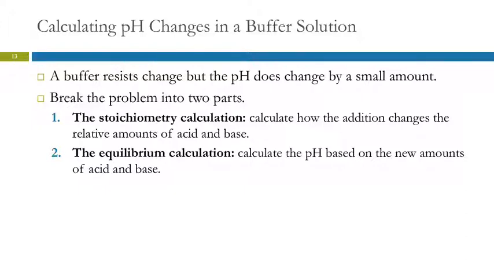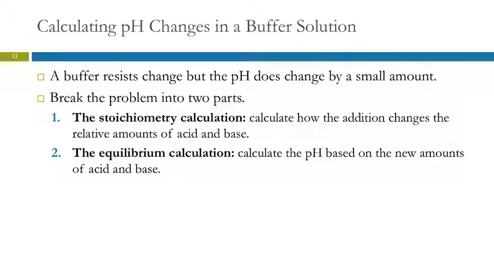So buffers resist change, but they do change, the pH will change a little bit. So how do we figure out what the change is going to be? We need to do two things. So first of all, we need to look at stoichiometry and calculate how the addition of acid or base changes the relative amounts.